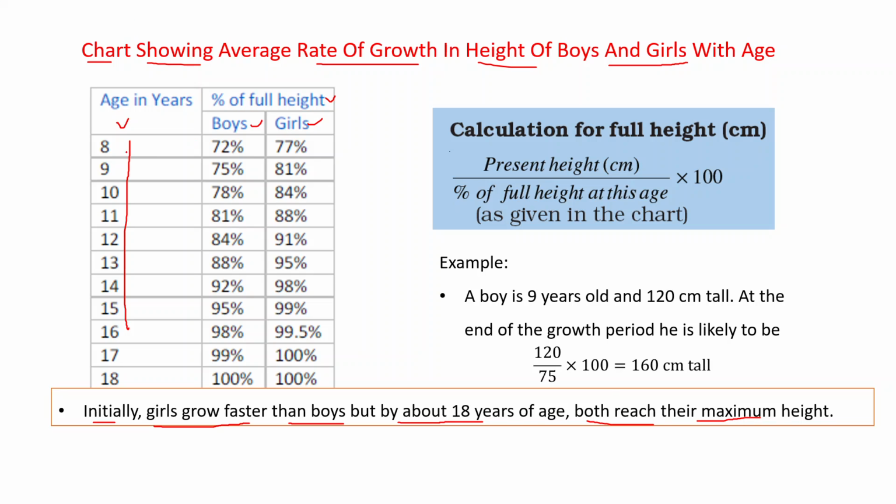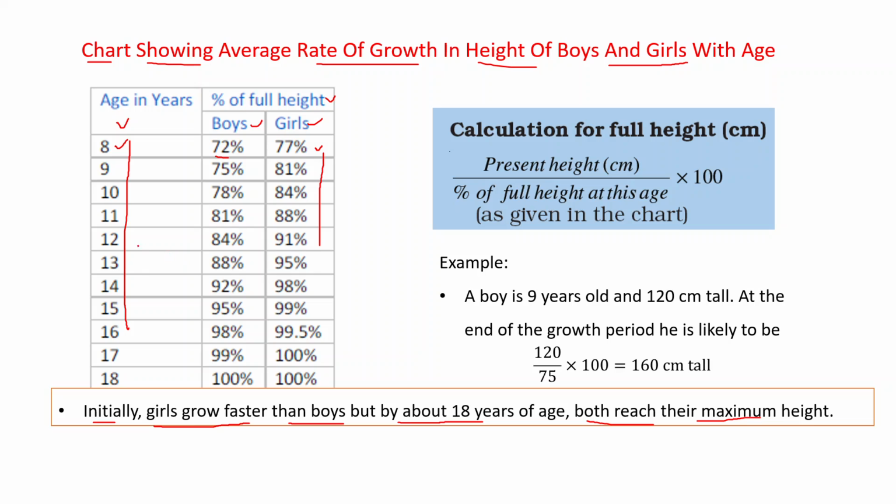See, at the age of 8 years, the height of a boy is 72% of his full height, while the height of a girl is 77% of her full height. Okay, that is, girls grow faster.